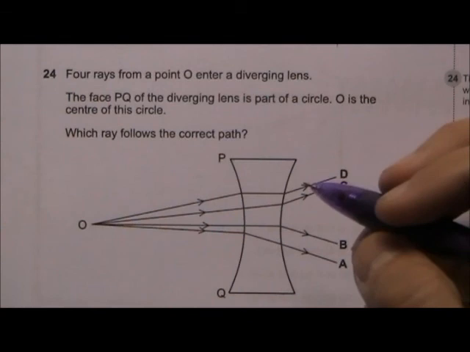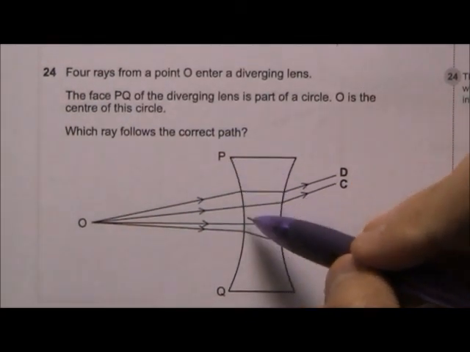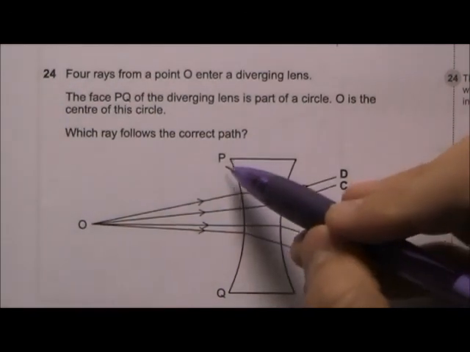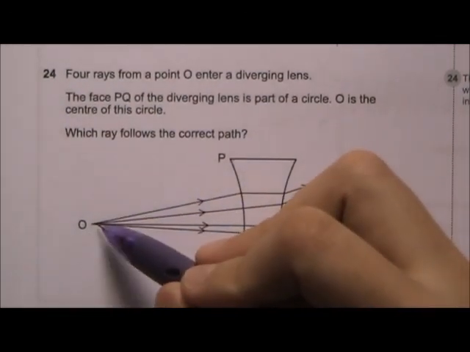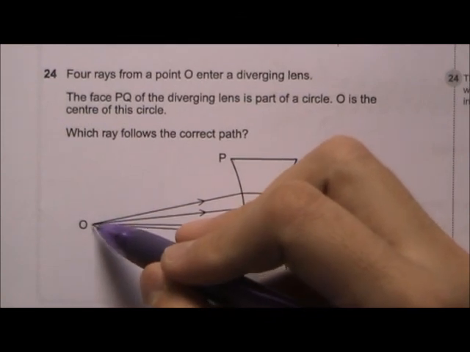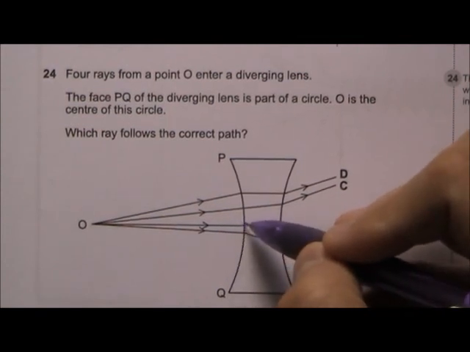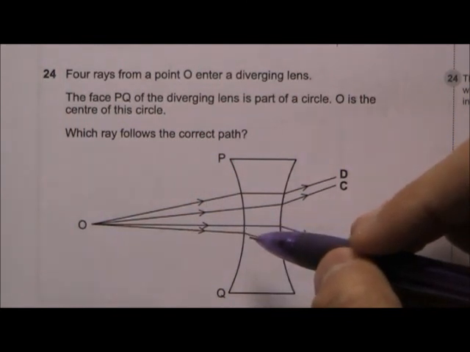Okay, in this question, we have an arc of the circle represented by PQ, and the center of the circle is at O here. So if we were to draw a line from the center to the arc, it is going to strike the arc at 90 degrees. Okay, because of the angle property that radius is perpendicular to tangent.